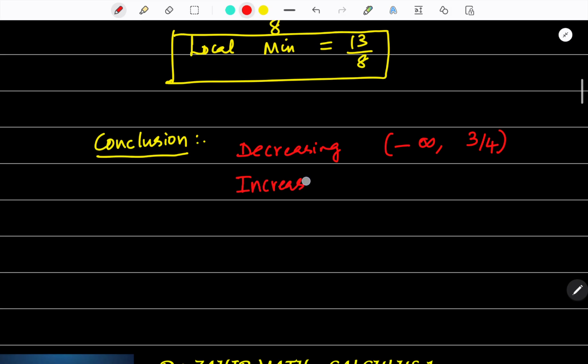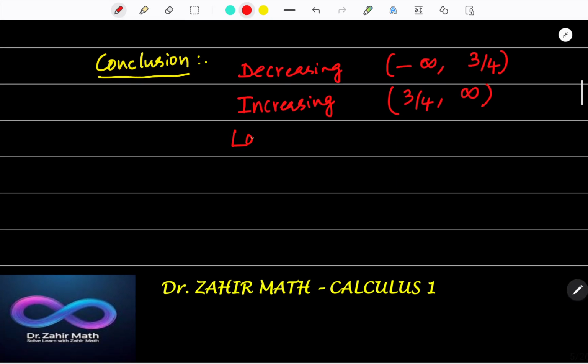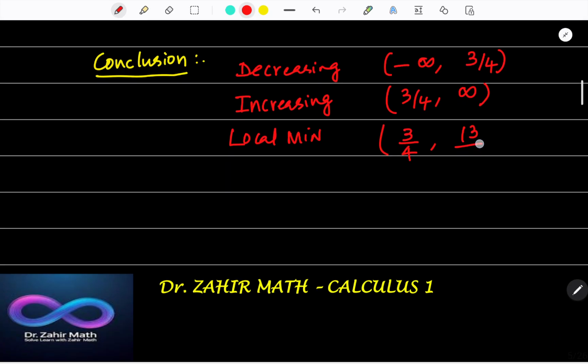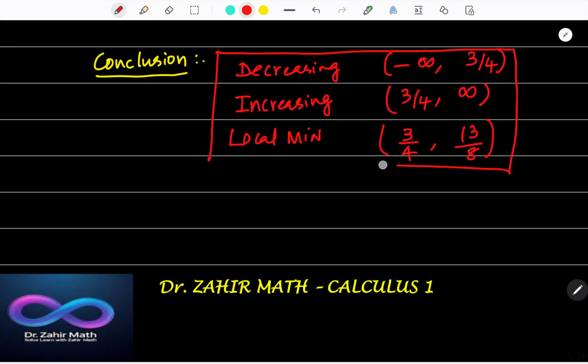So we got increasing at 3 by 4 comma infinity. So we got the local minimum at which point? X equals 3 over 4 and y equals, just now we got, 13 over 8. So this is the final conclusion. Is it clear everybody how to find the local maximum and local minimum, or you can say in general, extrema?